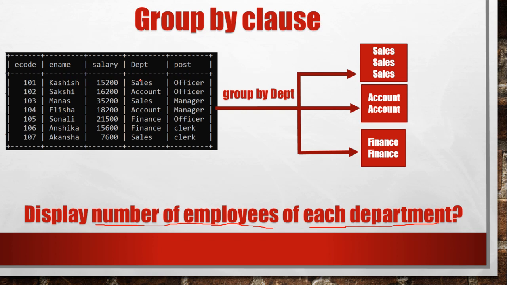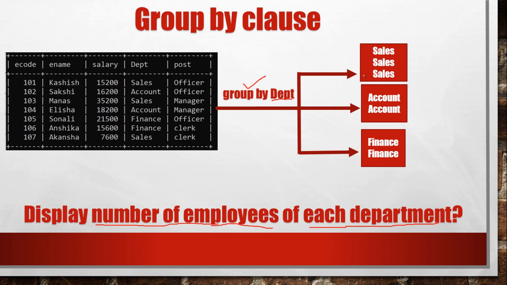So what happened with this group by clause, where we have given the field name department? On the basis of department, the group by clause internally makes groups among the records present in this table, and it distributes the records on the basis of department.